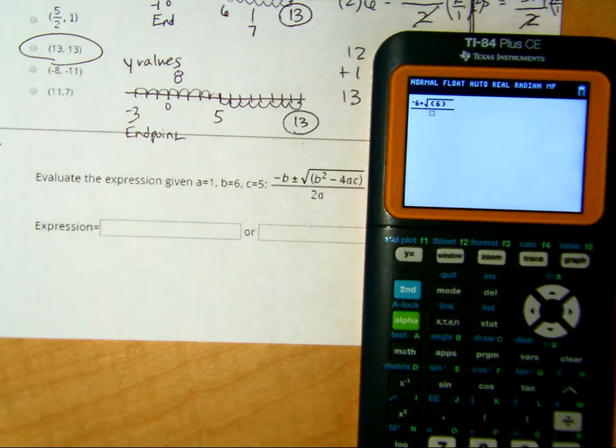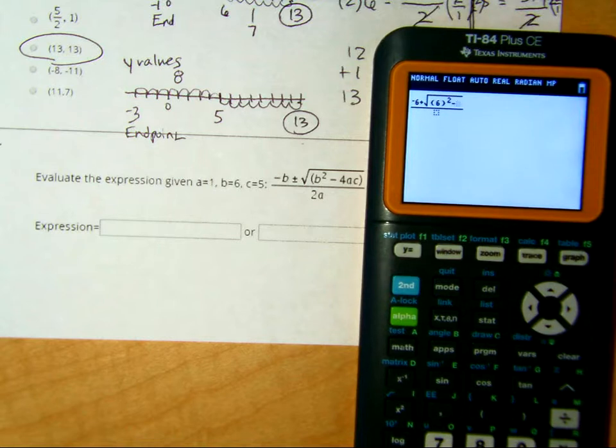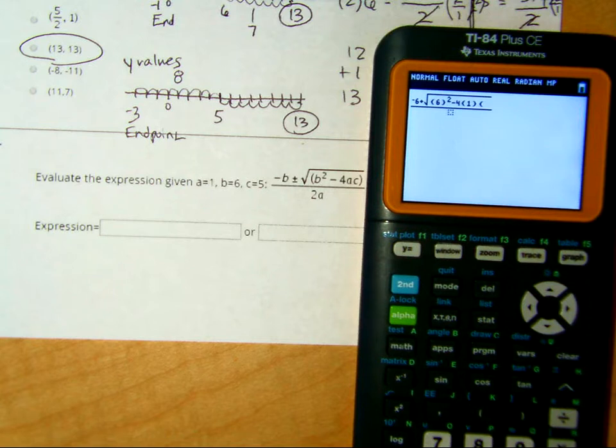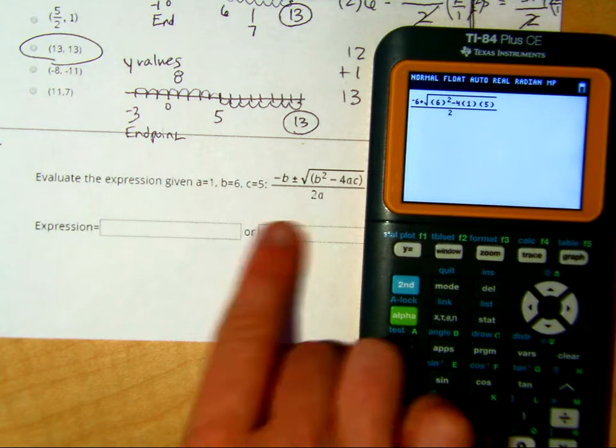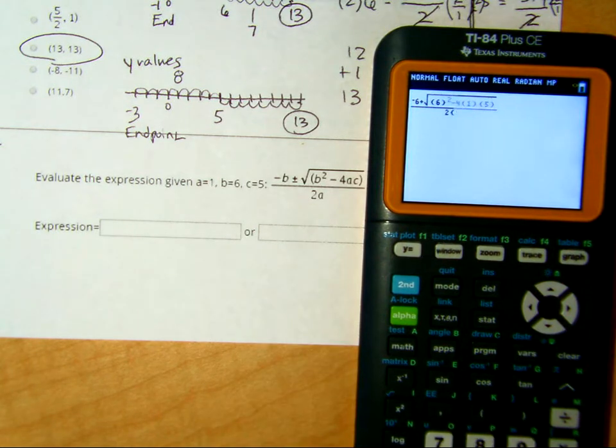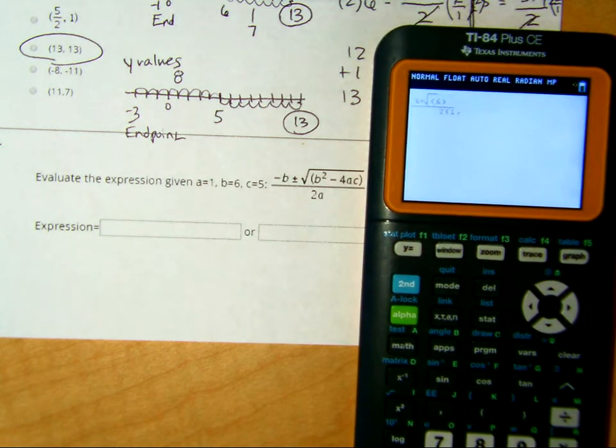So we take the square root of, my apologies, square the 6, minus 4 times A, which is 1, times C, which is 5, divided by 2 times A, which is 1. And you hit enter. Okay, so one of our solutions is -1.